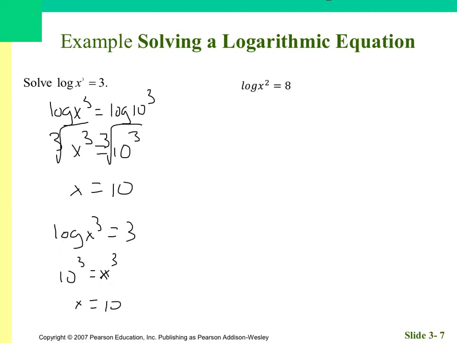Okay. Now, this is what we don't want to do here. We've learned this, couldn't we? Okay, so let's take a look at this one then. So we could say log of x squared equals log of 10 to the 8th. So x squared equals 10 to the 8th.